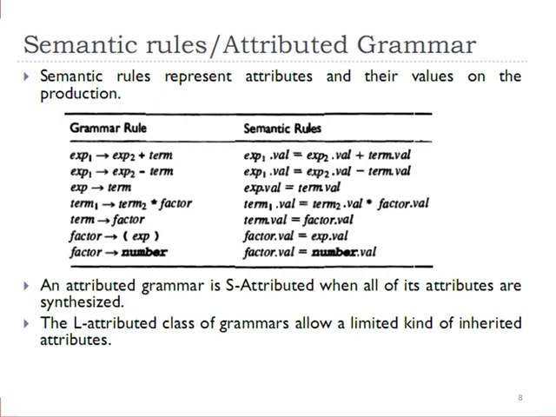and here another way of determining whether the attribute val is synthesized or inherited is just we can have a look at the last production rule, which says factor derives number.